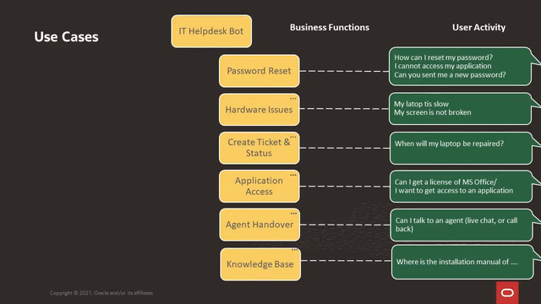So if you look at the core use cases that you probably want to cover to build a good IT Helpdesk assistant, you need to cover things like password reset, knowledge base integration, topics around hardware issues, application access, etc. Maybe even agent handover. And what our template is trying to do is help you with a set of those use cases, to move you further down the line and to show your customer capabilities to start with.